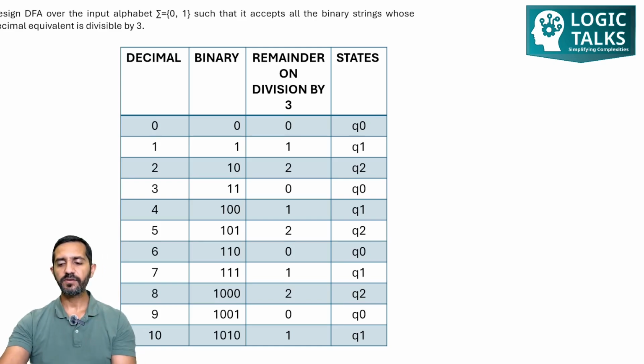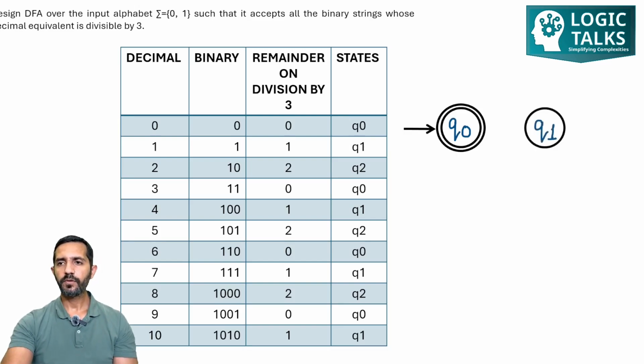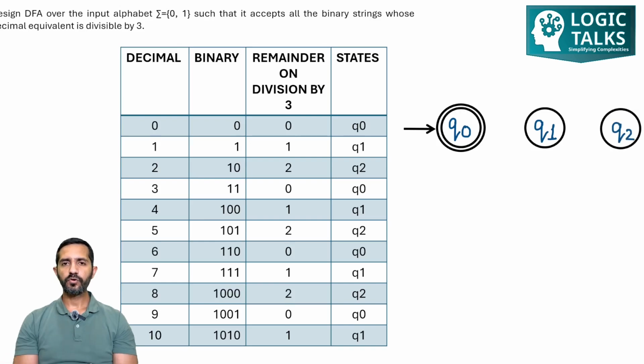Let us see this with the help of a state diagram. Here we will require three states, q0, q1 and q2. q0 is the initial state and I have made it a final state also, because we are looking for the numbers which are exactly divisible by 3, which on dividing by 3 give remainder 0. So I am concerned about the state q0 because it is related to the remainder 0.